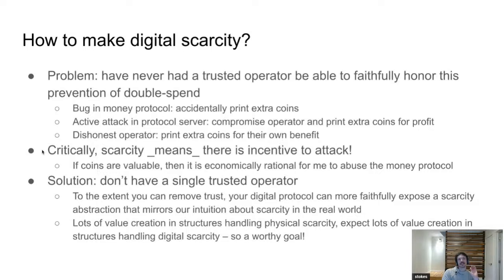A key point here is that to the extent that you can make a credible protocol that everyone can trust, the more useful it will be. I'm speaking very broadly or abstractly, because it's a key point to get across that if we do want to make something that's maximally useful, then it needs to be minimally trusted, right?